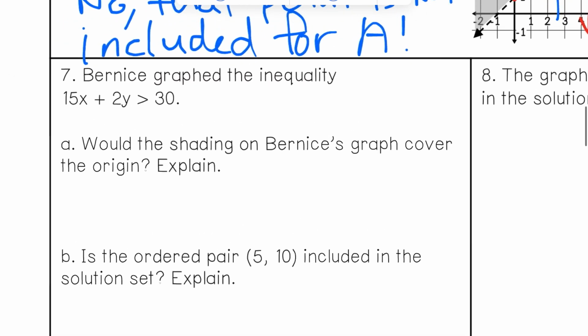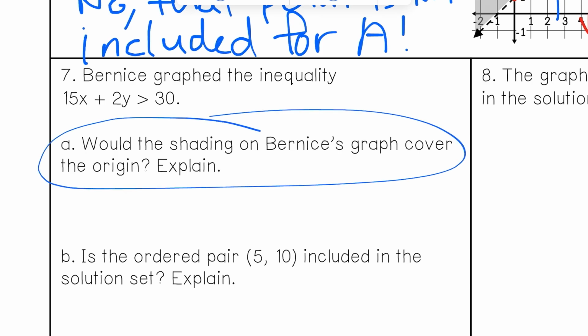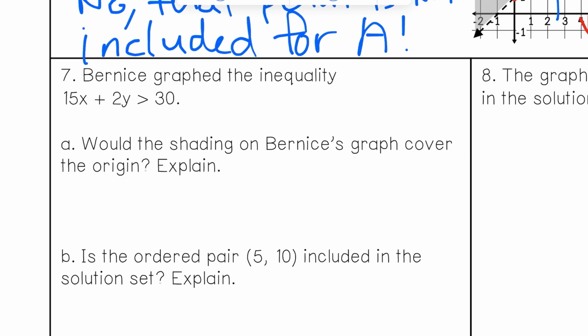Okay, now 7, it says Bernice graphed the inequality right here. Would the shading on Bernice's graph cover the origin? Hang on, guys, I'm just thinking real quick, because this seems like something that I would certainly want to graph before anybody expected me to comment on that, and they didn't give you room to graph.